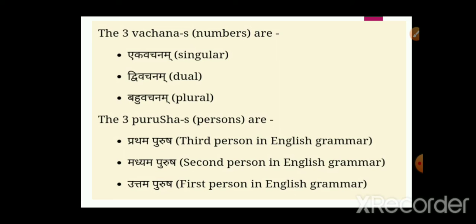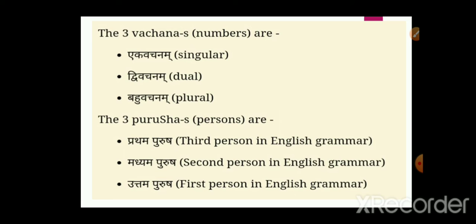But here in Sanskrit it is not the first person. Prathama Purusha means, in English grammar, the third person. Madhyama Purusha means the second person. And Uttama Purusha means the first person in English grammar. So as of now, just know this.